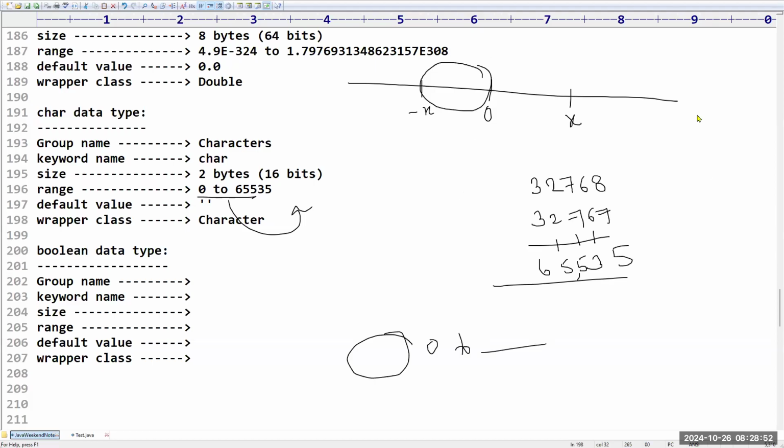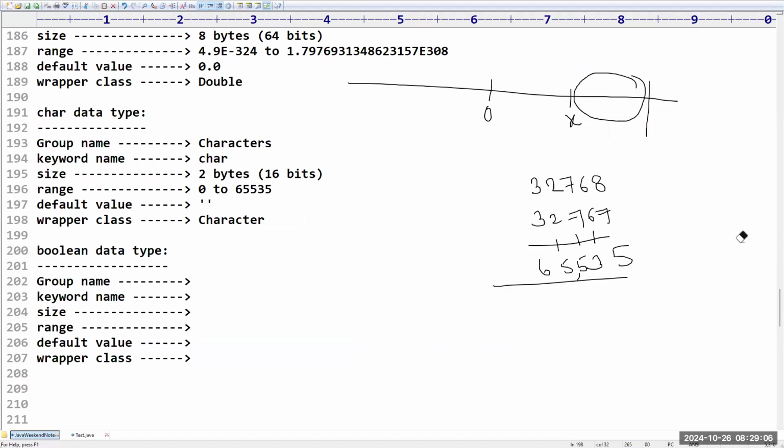So we bring it to this side, so that the range becomes almost double. Okay, sir. Understood? So it is like a theory concept which we need to remember, sir.